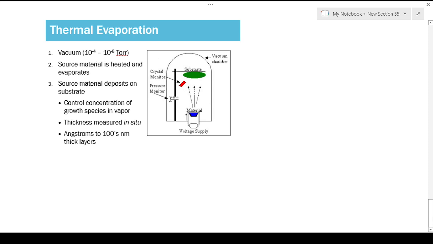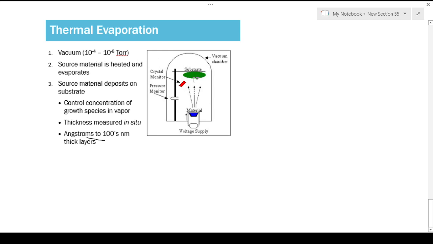There will also be a pressure monitor placed inside, and in this process you can create a material with a thickness ranging from 100 angstrom to 100 nanometer. So it is a process where you heat the material, and the evaporated material will be deposited on the substrate placed above the material, as you can see in this figure.